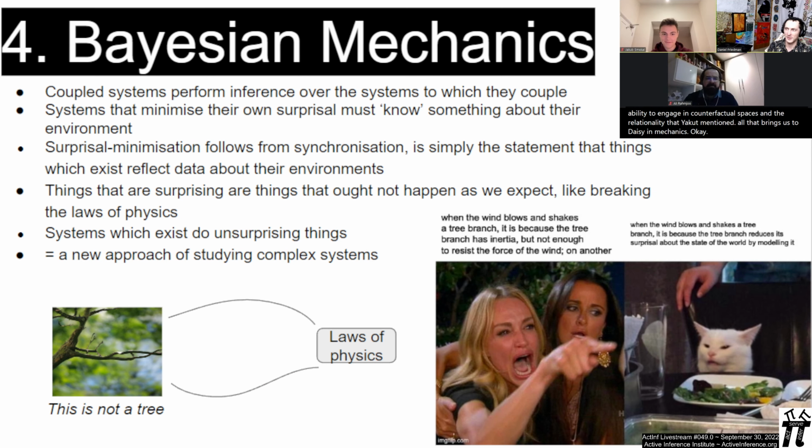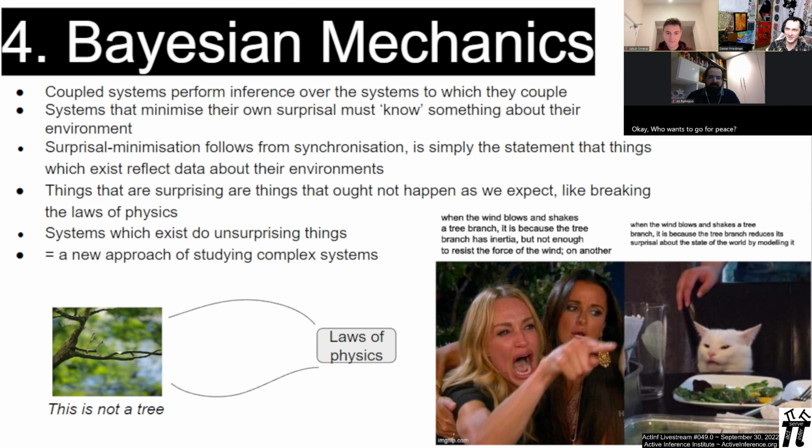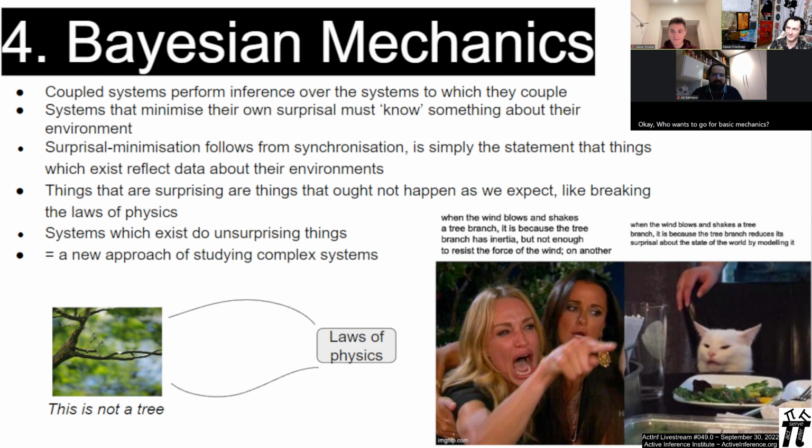Okay, who wants to go for Bayesian mechanics? Well, yeah, in Bayesian mechanics, we're dealing with coupled systems that perform inference over the systems to which they are coupled.